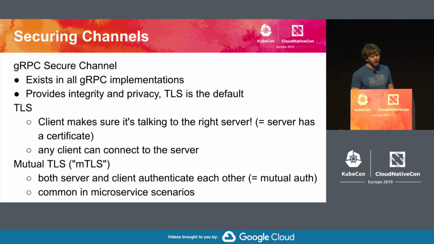Okay, over to securing channels. The concept of a channel exists in all gRPC implementations. For simplicity, gRPC connections are just HTTP2 connections, and there are two main kinds of gRPC secure channels.